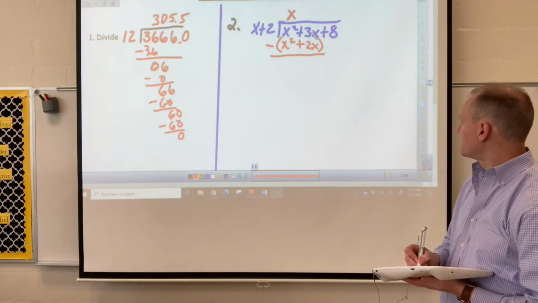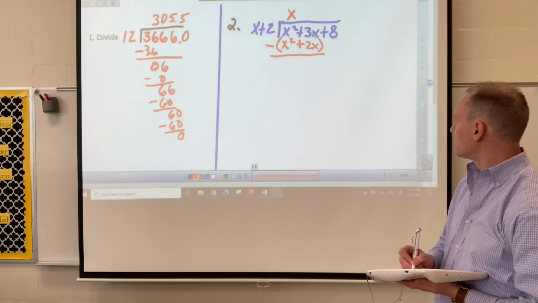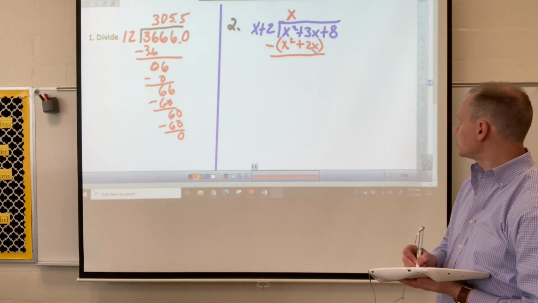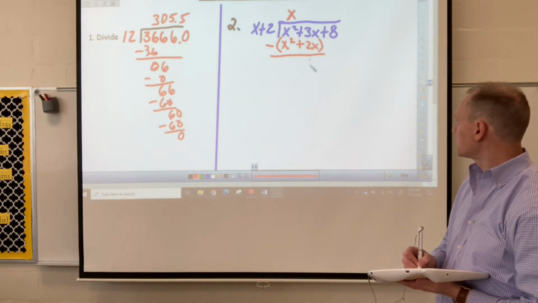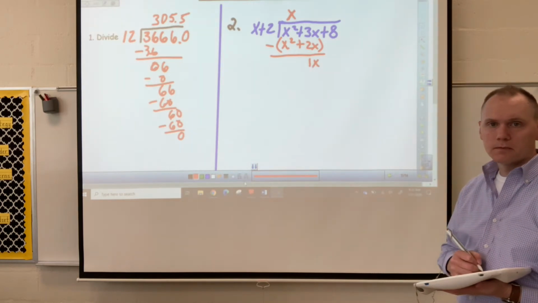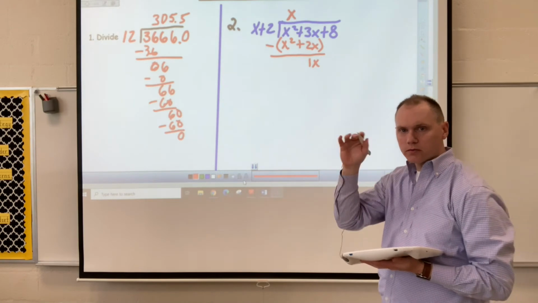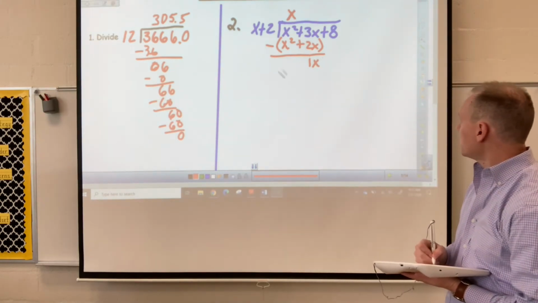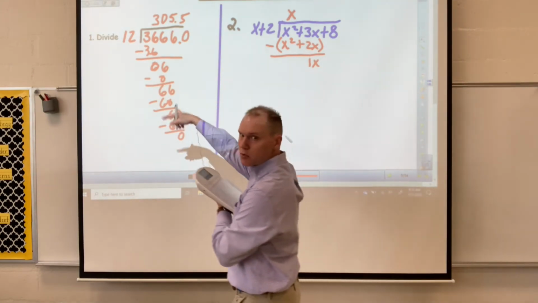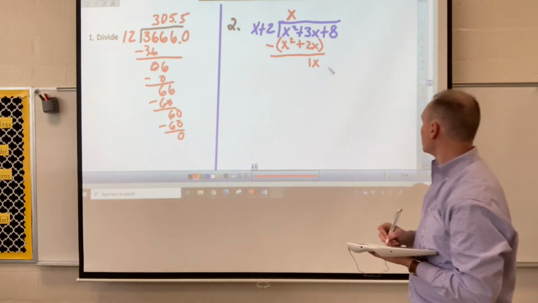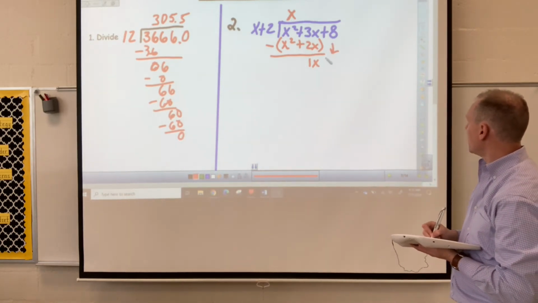Then you go on to the next term here. 3x minus 2x is 1x, or just x. So again, subtract every time as you go from term to term. Okay, and then what did we do over here after we got done subtracting? We brought down the next term, right? Same thing here. We're going to bring down the 8.